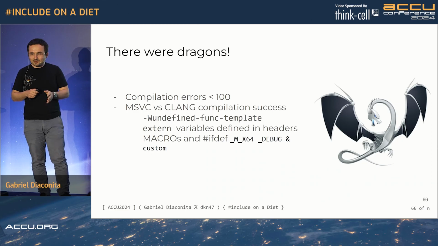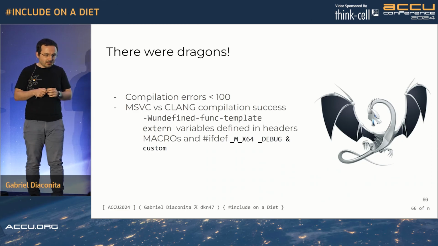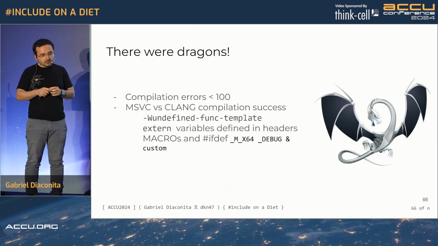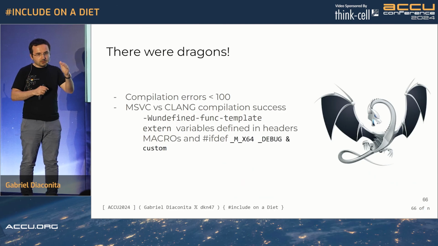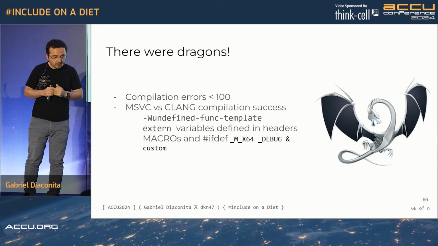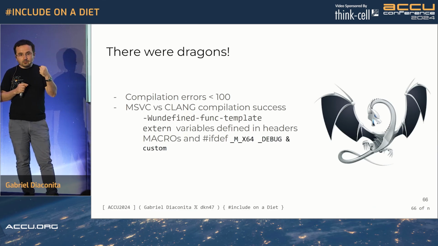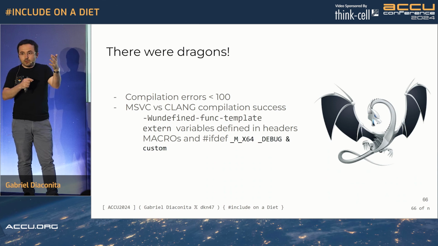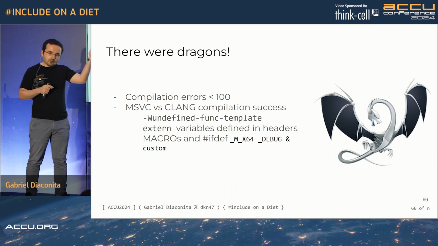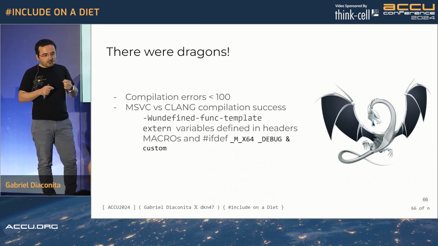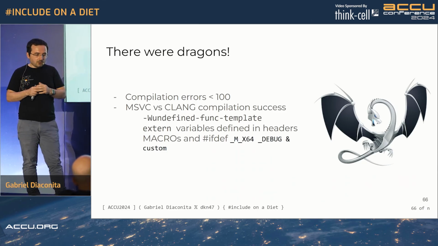We started with 32-bit. And there was some code in the ifdefs guarded with x64 that was not taken into account by Clang because we were not compiling that code. We were compiling the 32-bit code. So we had to go over these changes and fix them as well.